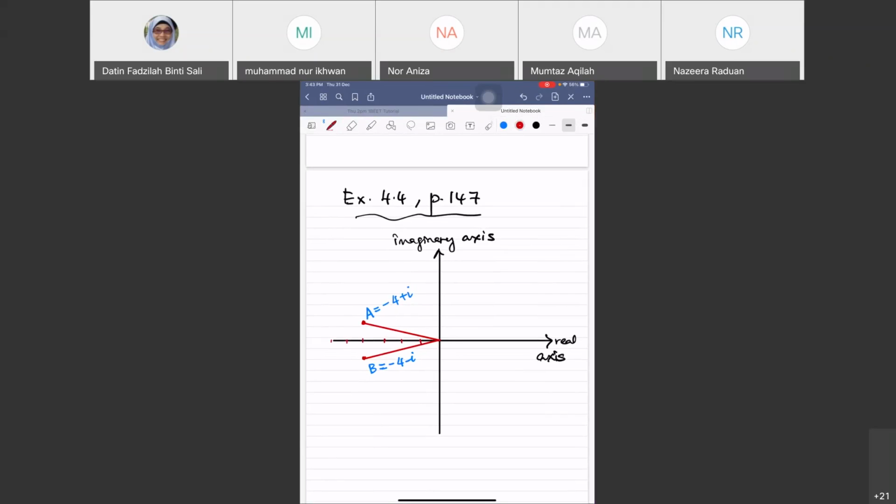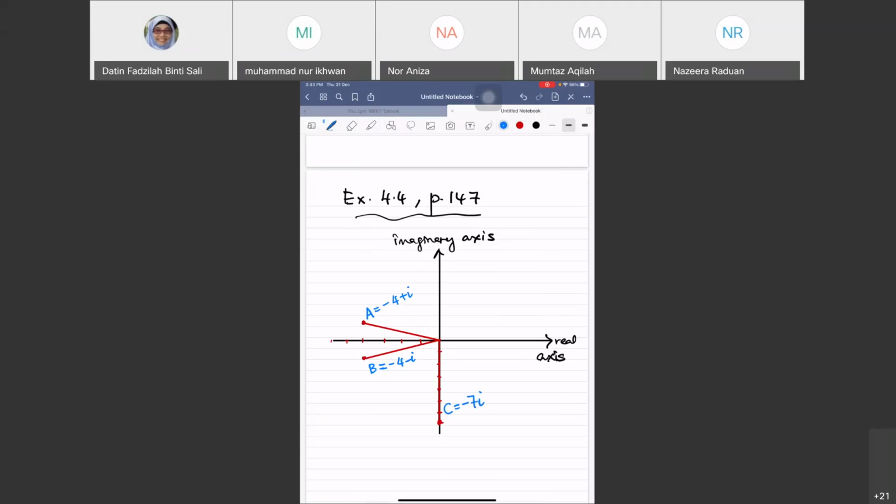So from the origin, you go down 7 units on the imaginary axis, 1 2 3 4 5 6 7. Assuming that is 7, you have a point there. Just draw a straight line. So that is C, which is our -7i.